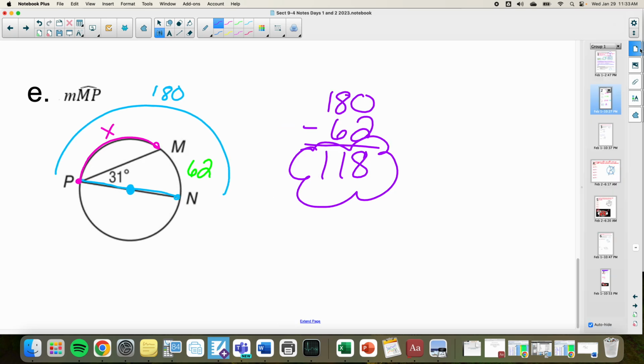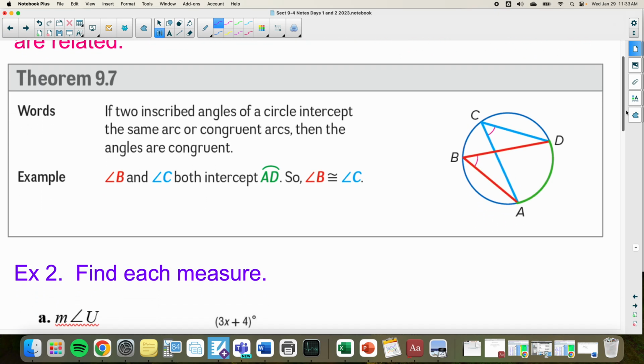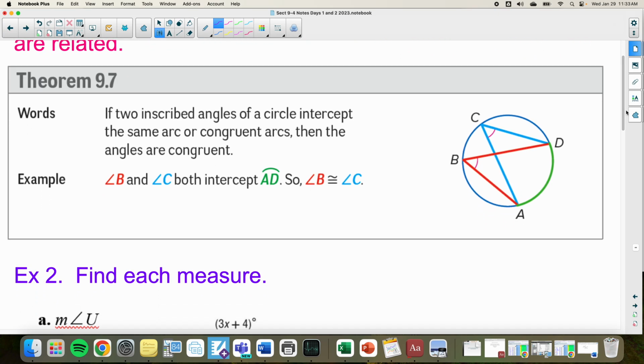Okay, now let's go here. So we are going to learn another theorem. And what this one says, if you look at this blue angle, it intercepts this arc right here. Okay, that blue angle intercepts that arc.